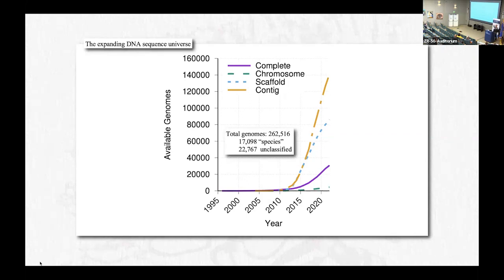Sequences are growing like crazy. Right now there are 290,000, although those numbers are a little bit old, with 18,000 species and around 30,000 unclassified bacteria in NCBI, bacteria and archaea, with different levels of completion.